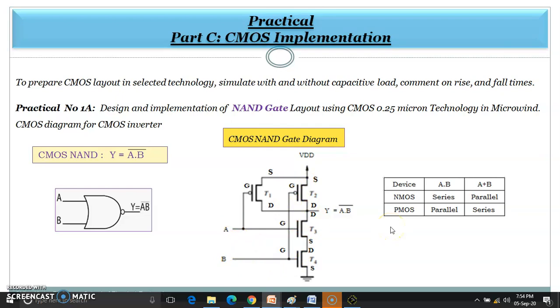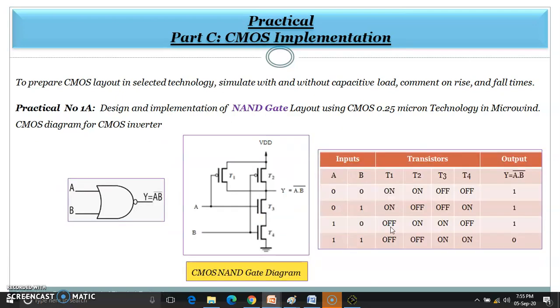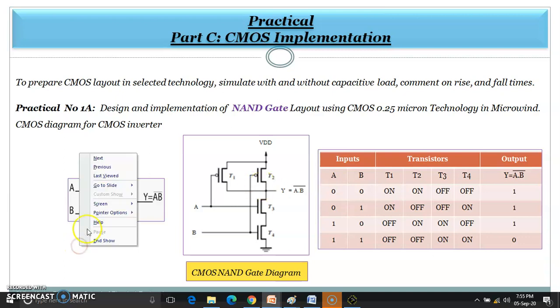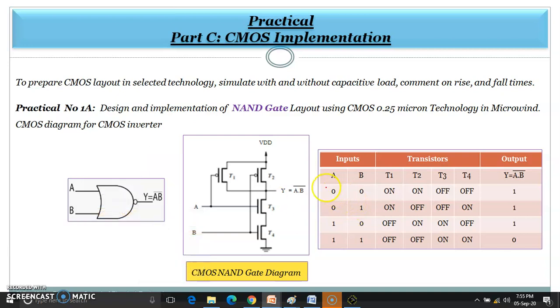Okay, so moving further, whether we have implemented the proper CMOS NAND gate or not, you need to see using this table. Just for your understanding, I am taking this pen over here. What are the combinations available?